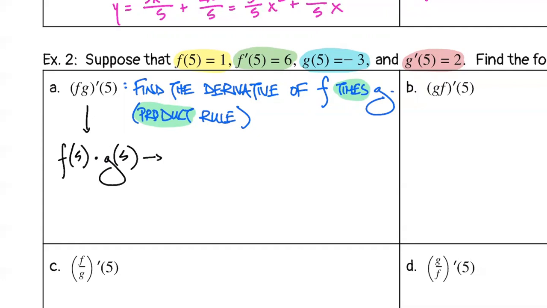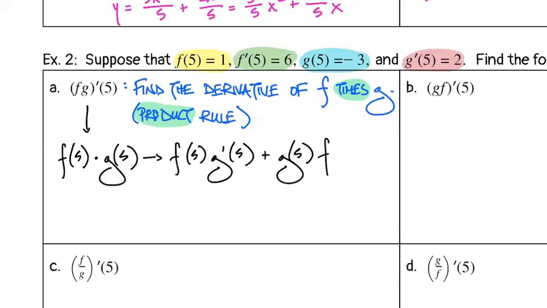When we plug that into the product rule, we're going to get f of 5 times g prime of 5 plus g of 5 times f prime of 5. So we have that product rule.